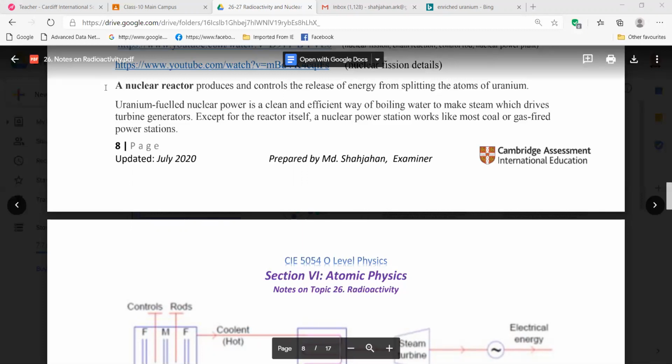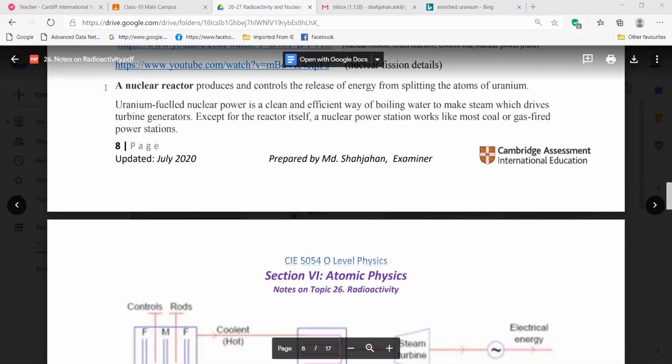That's why it is clean. And why is it efficient? It is efficient because in a nuclear reaction we get so much heat energy, much more than we get from fossil fuels. Is it clear why it is efficient and clean?